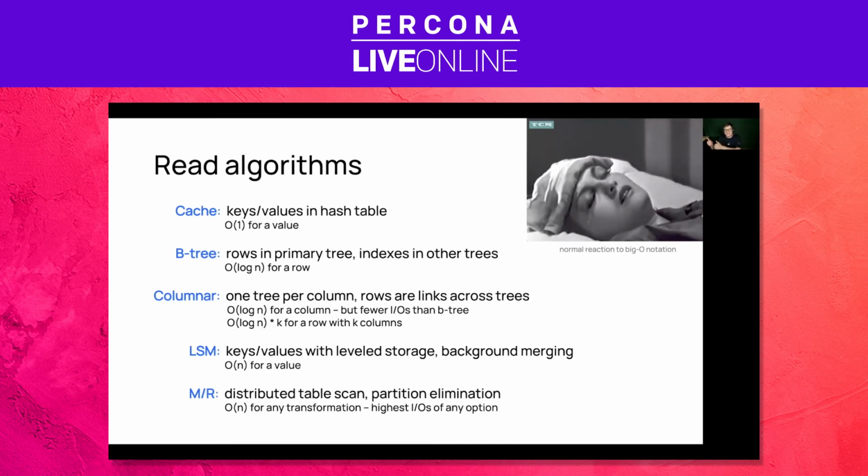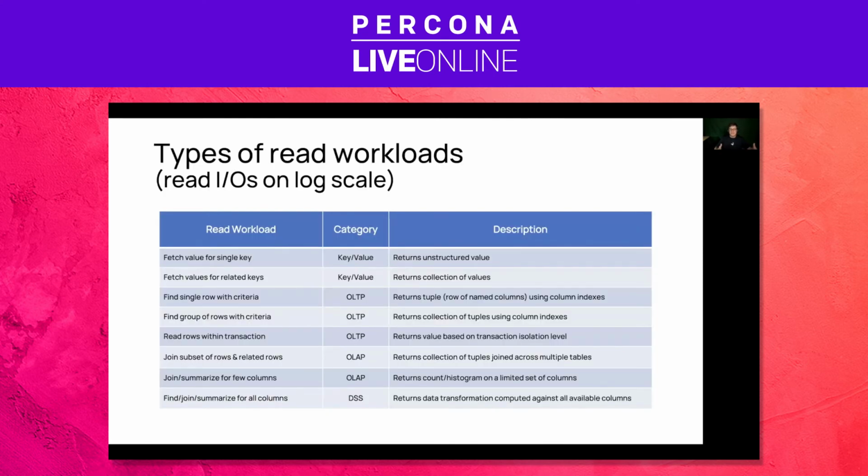But we're moving on, because what this doesn't tell me is how does this map to a workload that I would imagine myself doing against one of those databases, right? What I really need to know instead is, I don't need a big O for the algorithm. I need a big O for the types of read IOs that I'm doing.